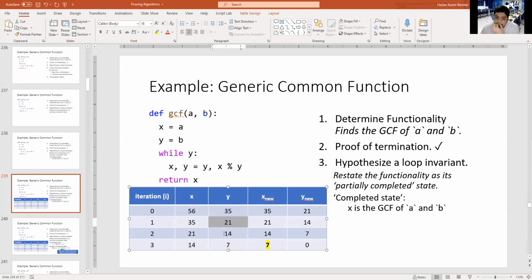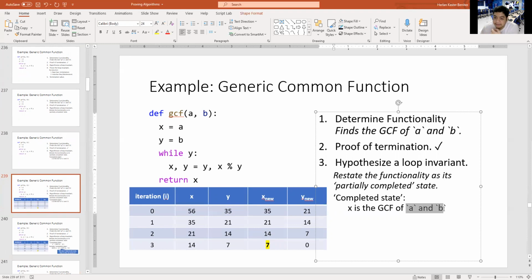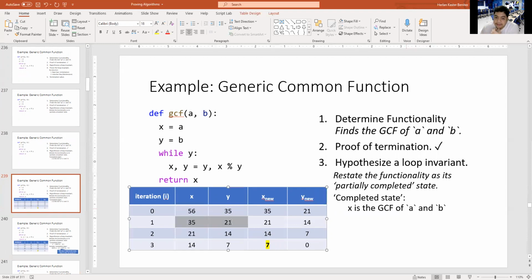And if papansinin mo, sa x and y, kung i-compare mo sila, you can actually say na yung GCF ng lahat ng numbers na naging x and y is yung GCF din ni A and B. So yung greatest common factor ni 35 and 21 is also 7. Ang greatest common factor ni 21 at 14 is also 7.